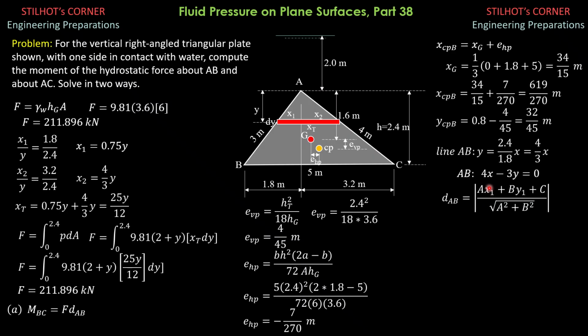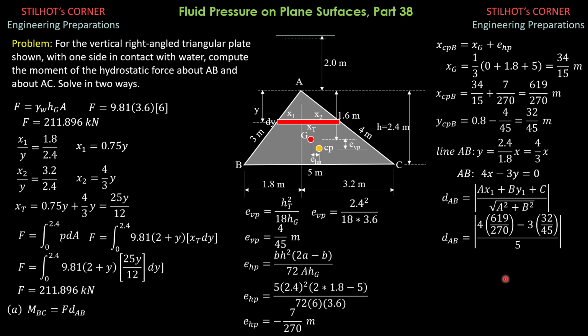A is 4, x1 is the x-coordinate of the center of pressure, because we find the distance of CP from AB. So it is 619 over 270, then minus 3, then y sub 1 is 32 over 45, C is 0, and divided by 5.